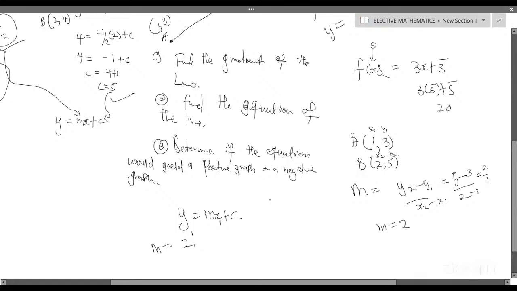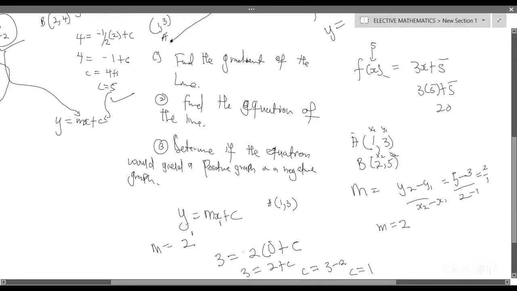So now we'll have y, which is 3, equal to m, which is our 2, times x, which is our 1, plus c, we don't know, so c. So now we have 3 is equal to 2 plus c. This one is basic linear equation, so you should know. And then c is equal to 3 minus 2, so c equals 1.